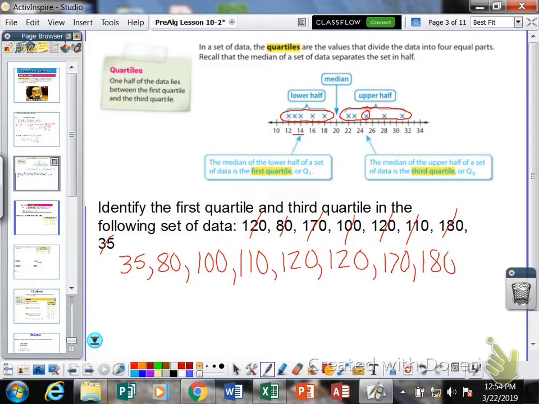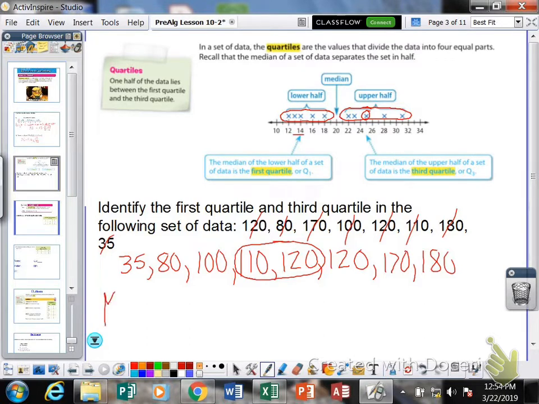So first things first, I want to find my median of this data set. If you want to cross off the numbers from each side until you get to the median, that's fine, you can do that. Or if you're able to just spot what the median is right away just by looking, you can do that as well. I know that the median in this case is going to be these 2 numbers here, 120 and 110, because I have the same amount of numbers on each side.